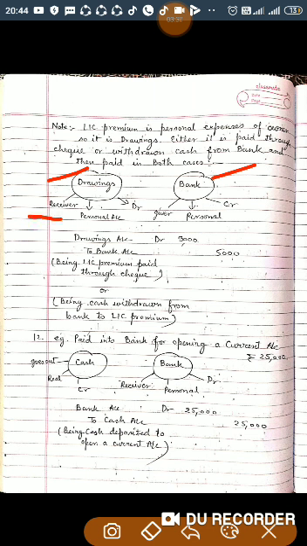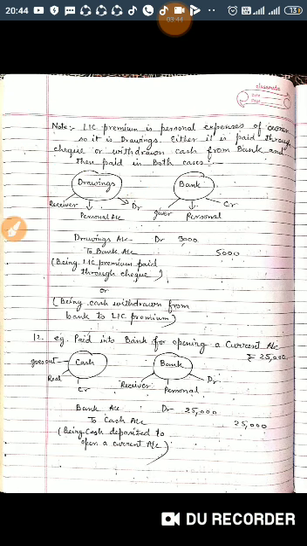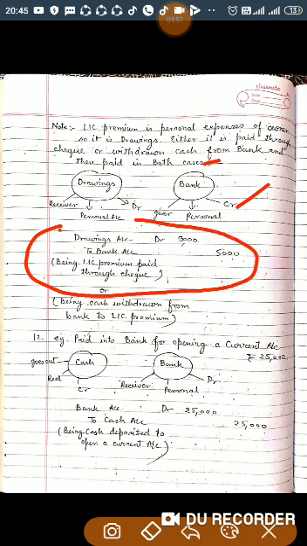He is the receiver, so it should be debited. And the bank account is a personal account, it is a giver, so it should be credited, and the journal entry will be drawing account debited to bank. I hope it would be clear.